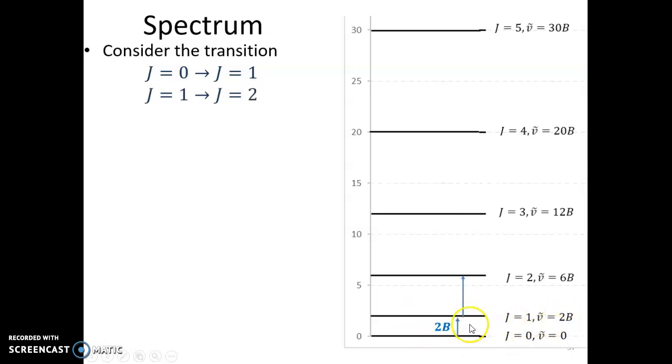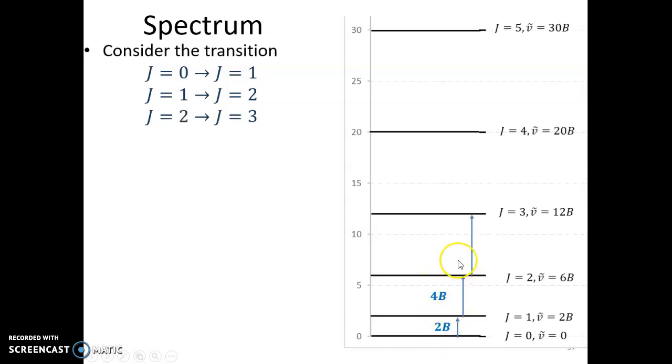If we consider the transition from J equals 1, that's the first excited state, to the next state, J equals 2, then the energy required for that is 4B. So if you pass energy equivalent to 2B, we have transitions from 0 to 1. If you have energy equivalent to 4B, we have transition from 1 to 2. If you have a mix of energy equivalent to 2B and 4B, we will have simultaneous excitations from 0 to 1 and 1 to 2.